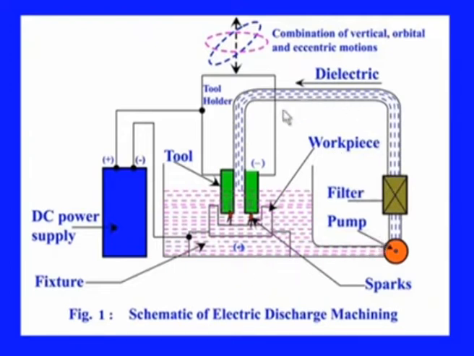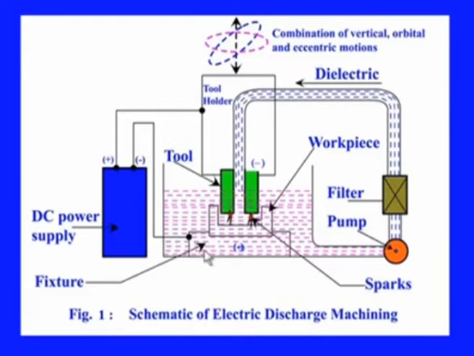Now, this is the tool which will be continuously advancing through some control mechanisms that is connected to the machine tool, and the sparking will take place in this zone, that is it is shown as a spark also, and this is the fixture which is generally an insulated fixture because this workpiece is directly connected to the power supply.